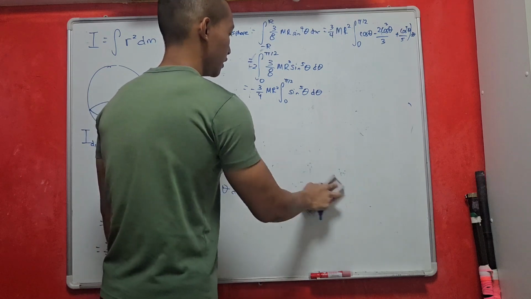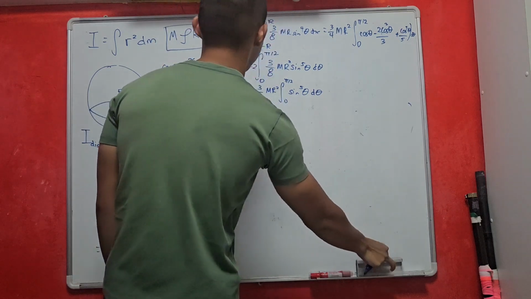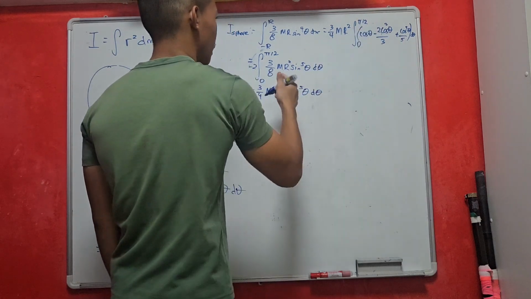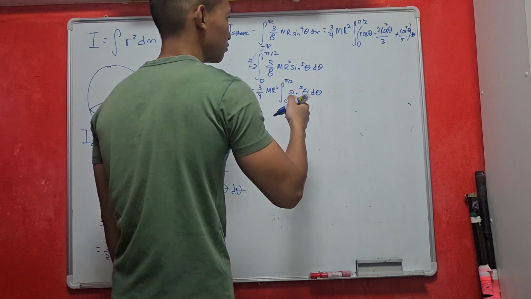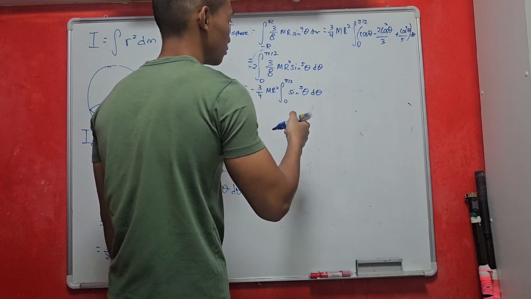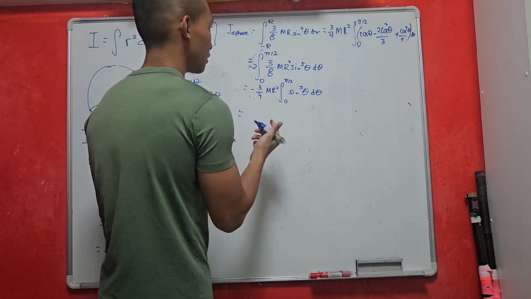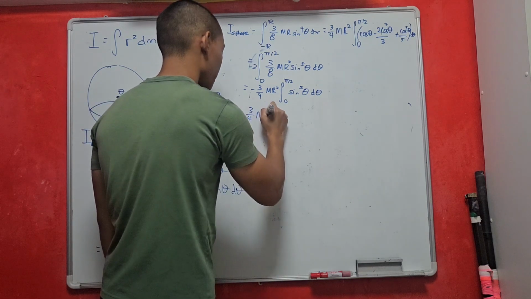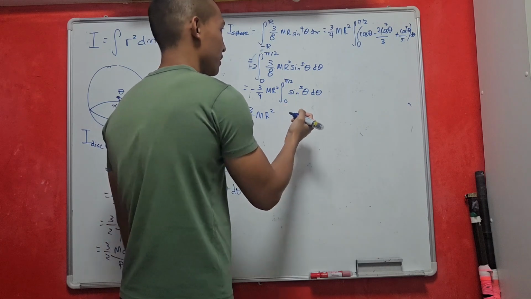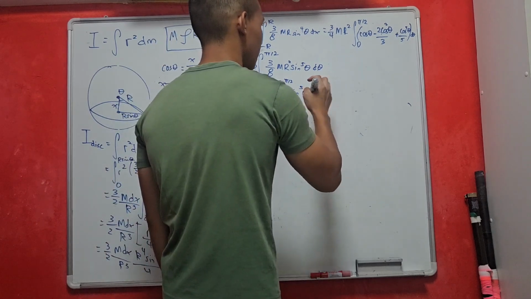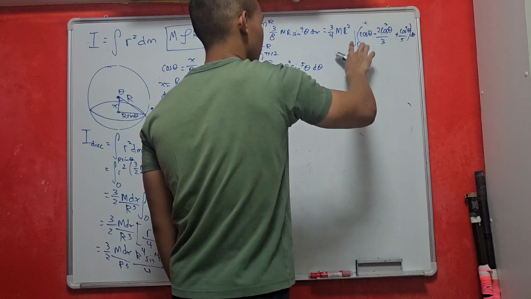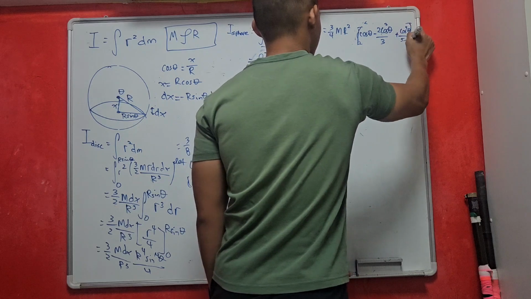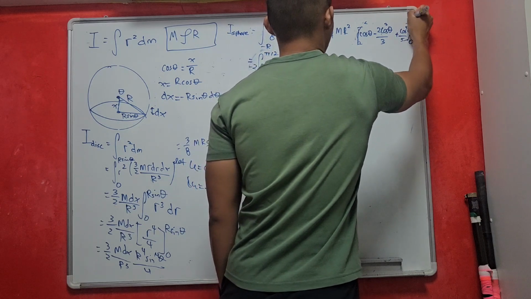And from here, it's just a matter of substituting the numbers. So I'll get this to be minus 3 over 4 m r squared, and because I actually integrated it already, it's from 0 to pi over 2.